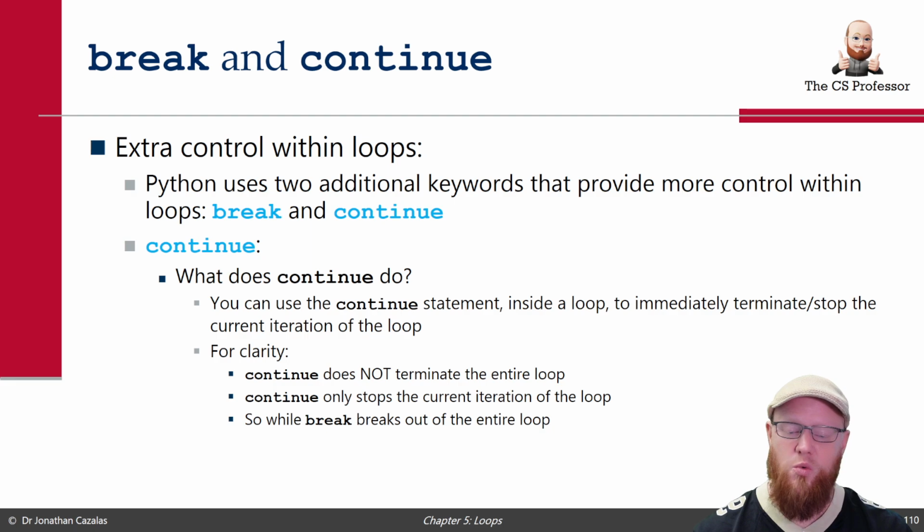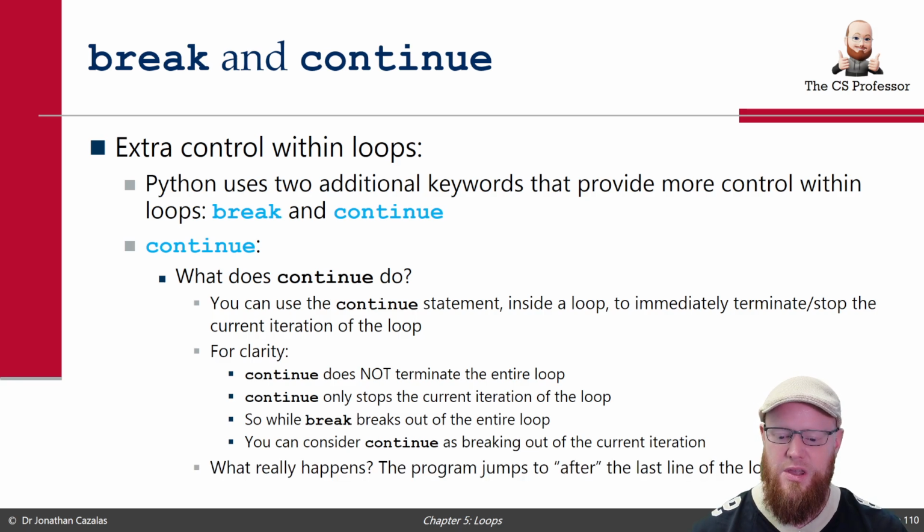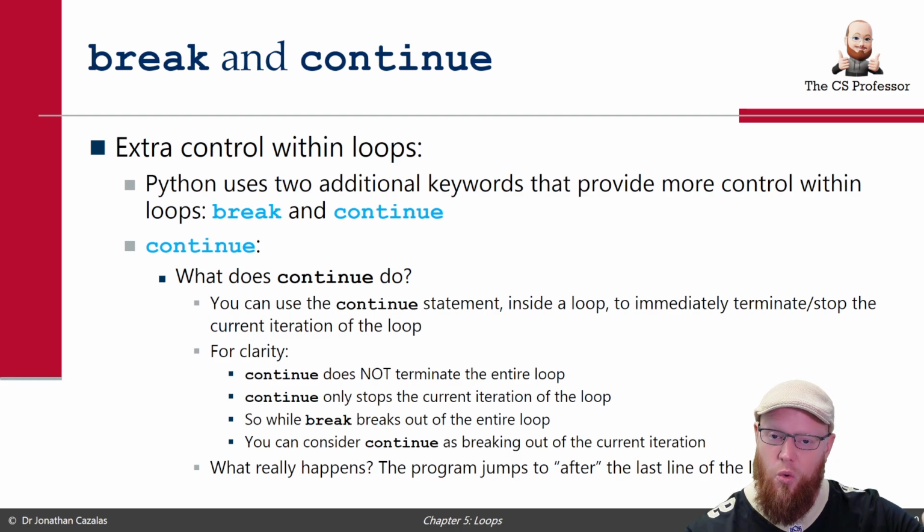So while break will break out of the entire loop, you can consider that continue breaks out of the current iteration. What really happens is when you see continue, the program will jump to the end of the loop, skipping any other lines of code. Maybe there's like 20 lines of code inside the loop. Well, imagine at line 8, we say continue. We're going to skip lines 9 through 20.